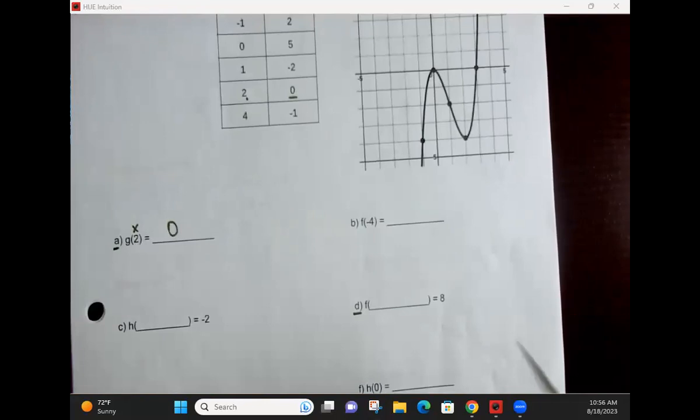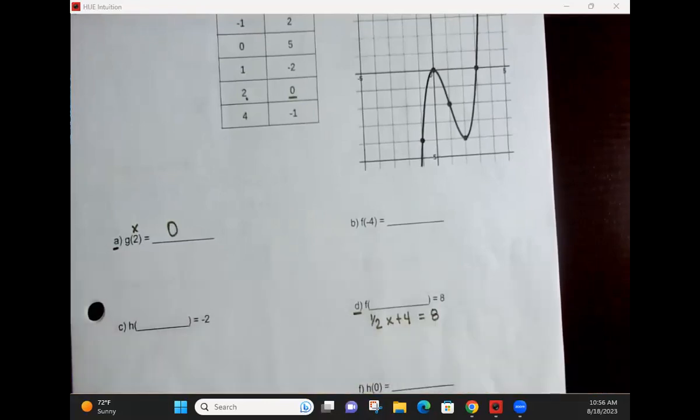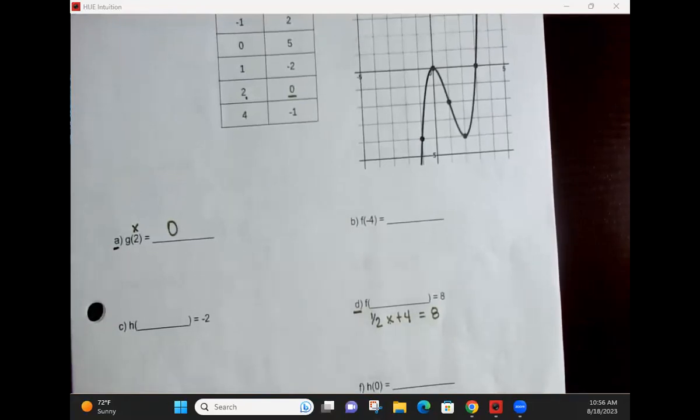And then let's also look at D together. So for D, f of x, and my output is 8. f of x was our function, 1/2 x plus 4. And I'm telling you the output is 8. Your job is to find the input, okay? So when I've got that function, remember we're going to have to do some algebraic manipulation there.